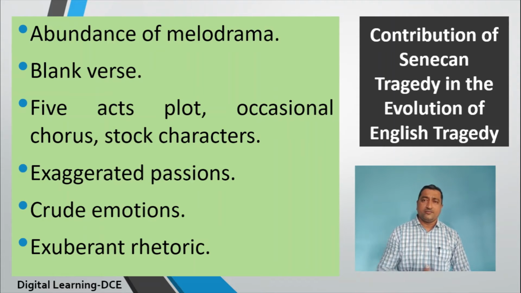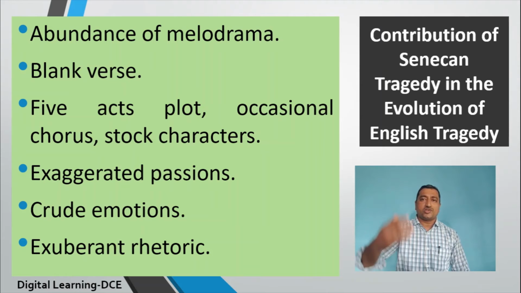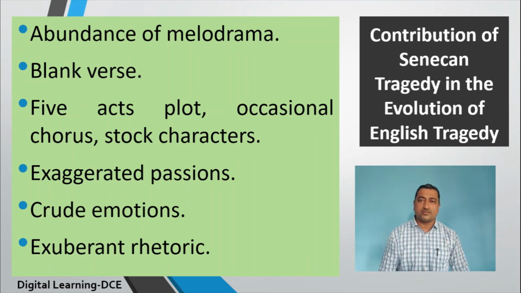That is borrowed from the Senecan model. We also see another technique of writing. When it comes to the composition of lines, they followed blank verse. It is borrowed from Seneca. Blank verse is a form of poetry which doesn't follow a rhyming structure.